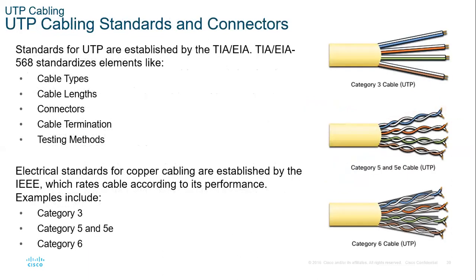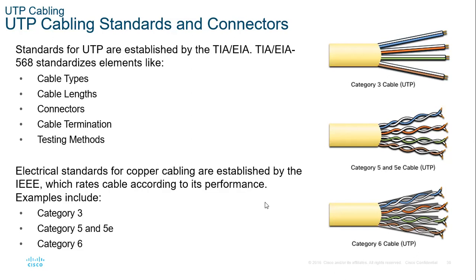Then UTP cable standards and connectors. So these are the different UTP standards and connectors. Standards for UTP are established by TIA or EIA. The EIA 568 standard covers elements like cable types, cable length, connectors, cable termination, and testing methods.